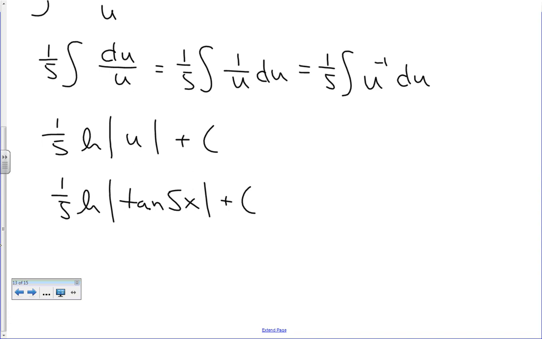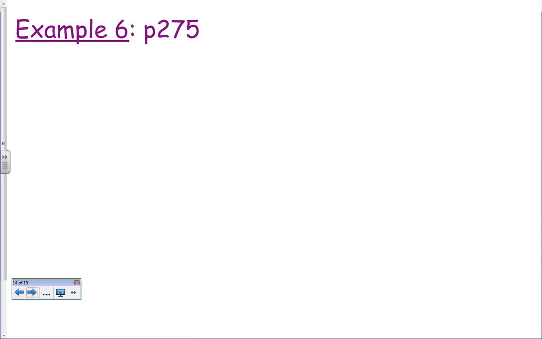All right. Let's take a look at another example here. Example 6 gives us a definite integral this time. So they ask us to find the definite integral from -4 to -5 of x squared dx over 1 plus x cubed.